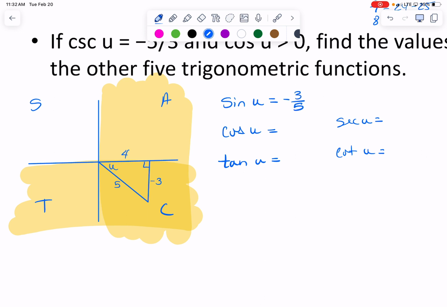Cosine is 4/5. Tangent is -3/4, and then we do the reciprocals. Easy peasy lemon squeezy. So always start by identifying the quadrant you should be operating in and then drawing a triangle if you're solving these problems.